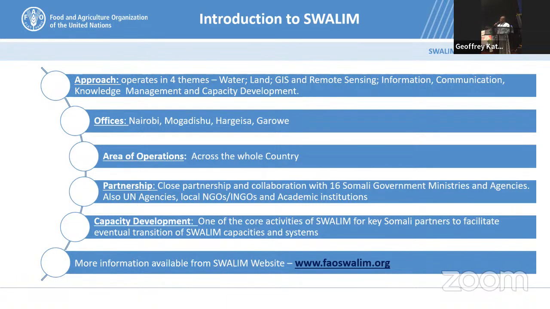And that is information about what we do. Mostly we are doing a lot of capacity development for the government of Somalia, building the capacity of government staff to be able to use these mapping tools to manage their natural resource data.